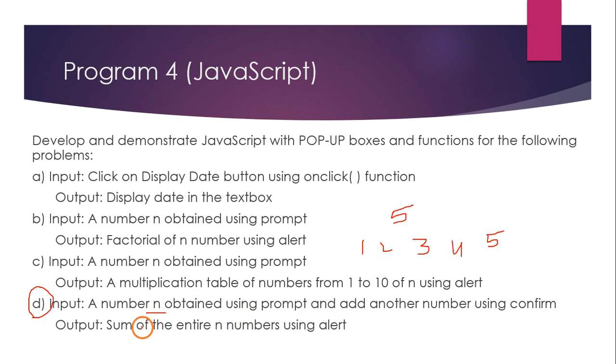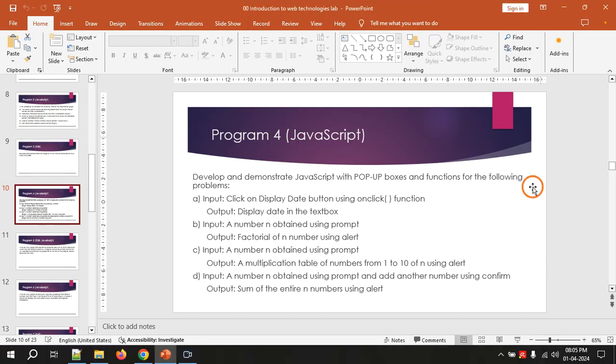And they are asking us to display the sum of all 5 numbers. So we have to add all these numbers and display the result as output. So we have to display 15. Okay, so let's see how to do this.